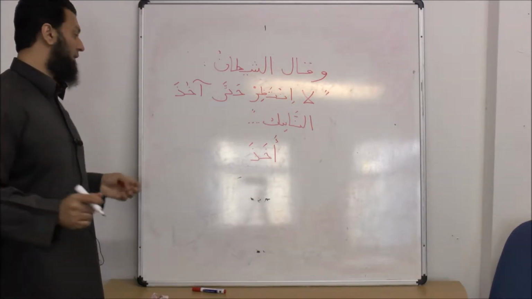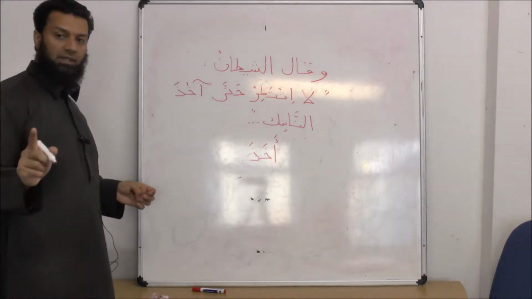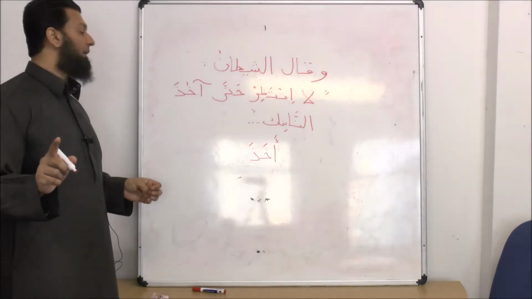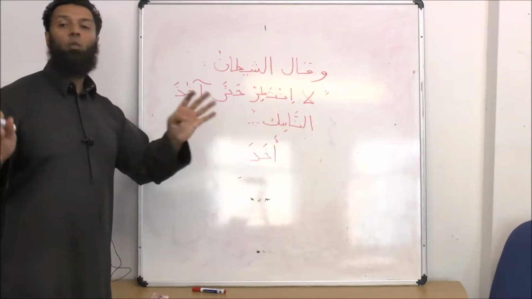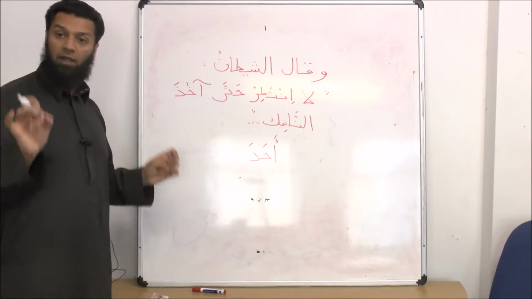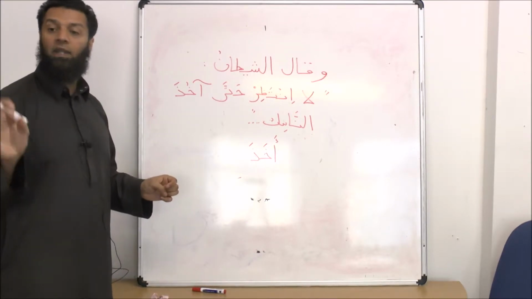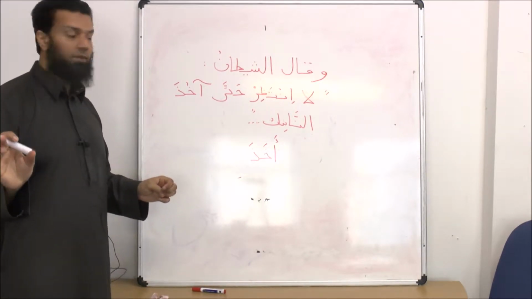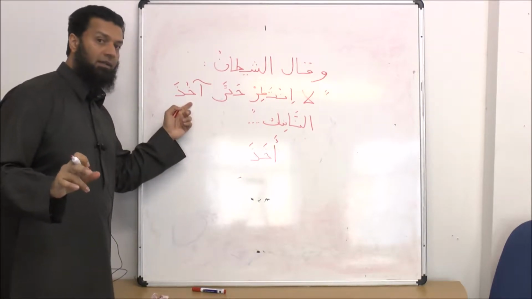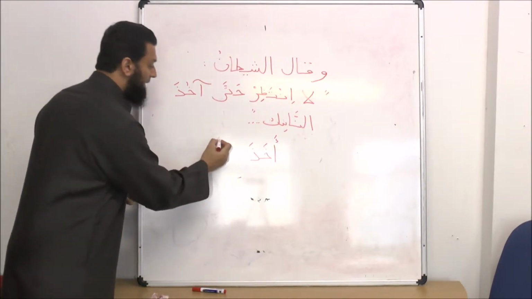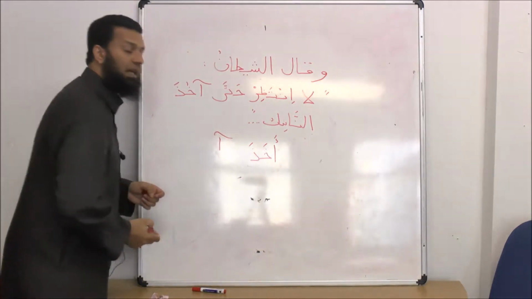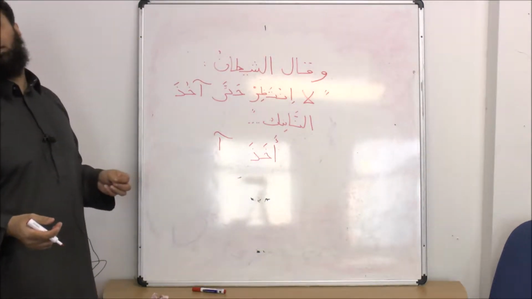What does it begin with? A hamza. Yeah. Okay, it begins with a hamza. Whenever we have a fi'lul madi that begins with a hamza, the first person of al-mudari will begin with the elongated form, the mad, right?